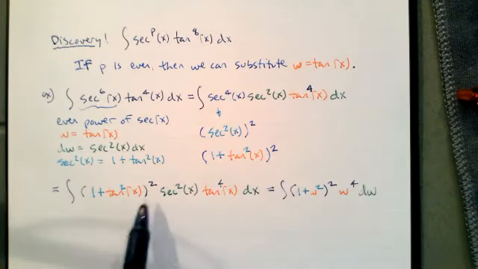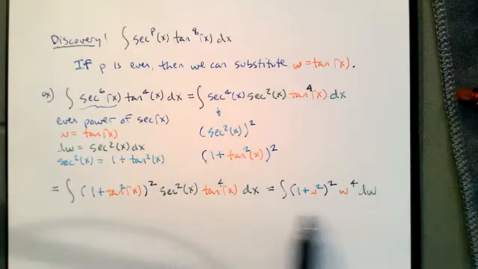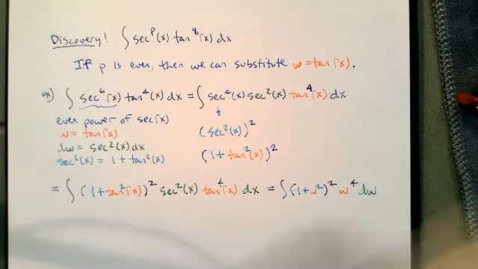So this (1 plus tangent squared) squared becomes (1 plus w squared) squared. Secant squared dx is the dw. Tangent to the 4th becomes w to the 4th. That was the original substitution we were trying to make. What made this work is that p is even. We have an even power of secant, so the substitution is w equals tangent x.